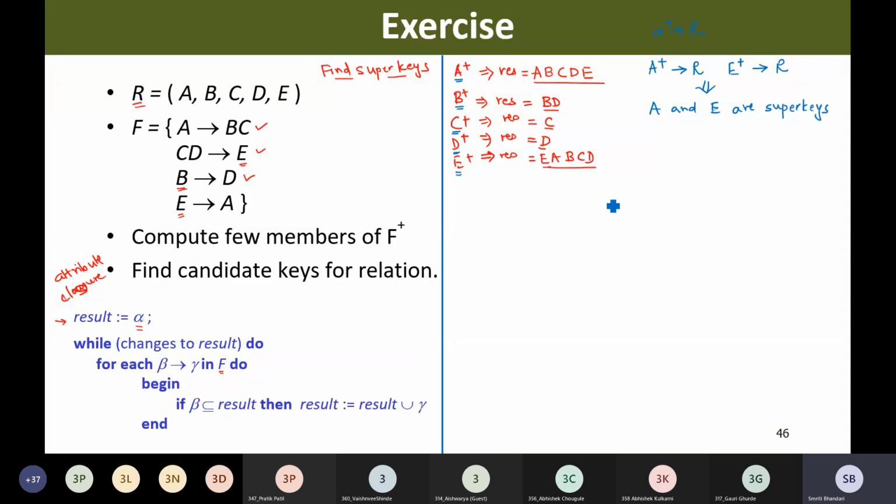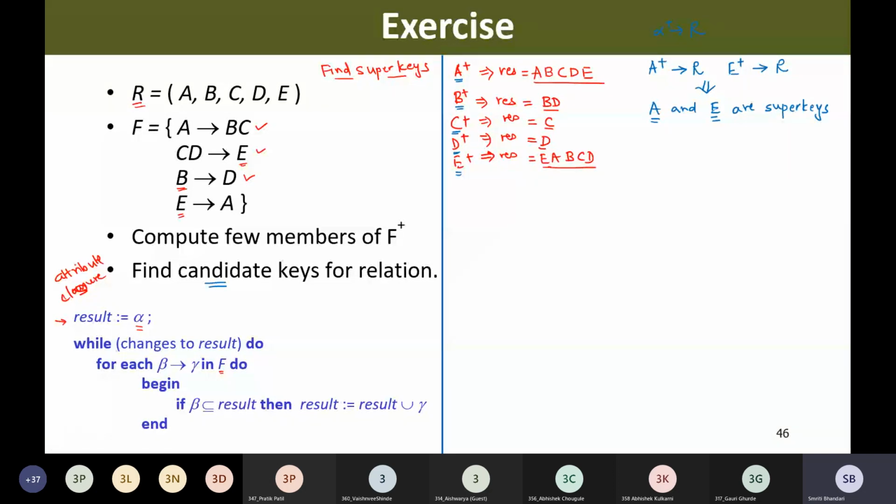But what we want to find are the candidate keys. So what are the candidate keys? Candidate keys are the minimal super keys. Here A is a single attribute, and E is also a single attribute. So we do not have any subset of either A or E which is also a super key for the relation.